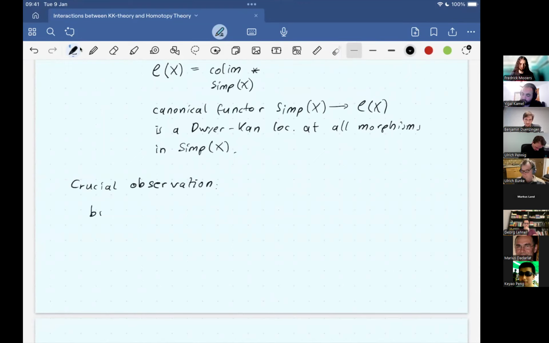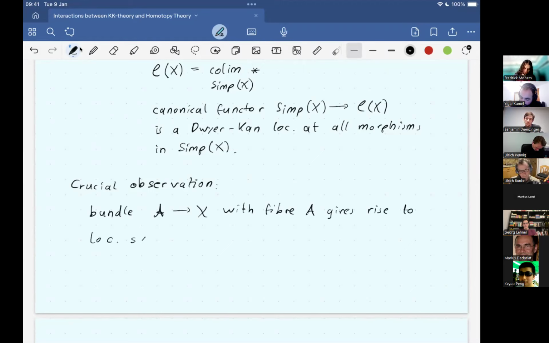So given this bundle of C-star algebras with typical fiber A, it gives rise to a local system.